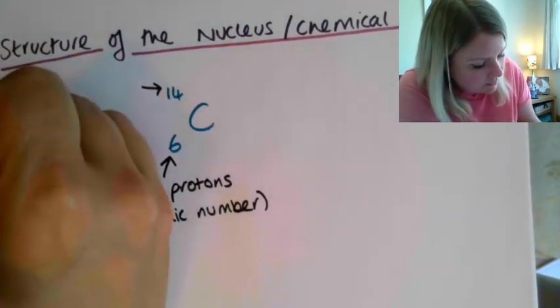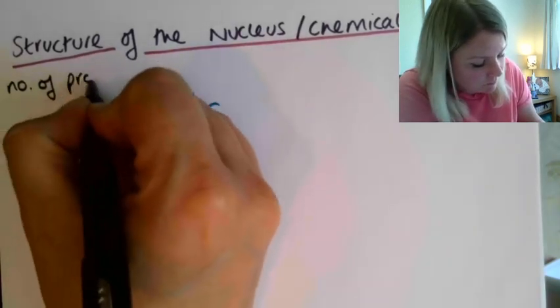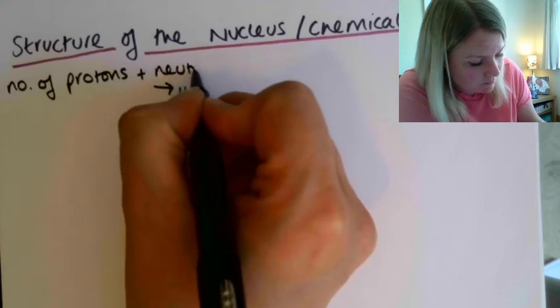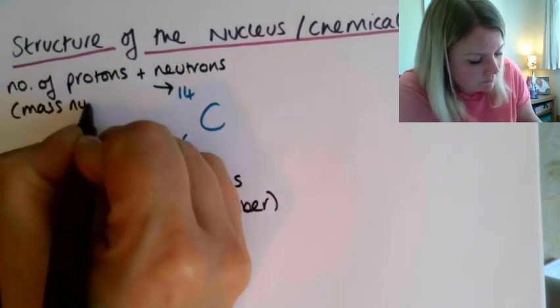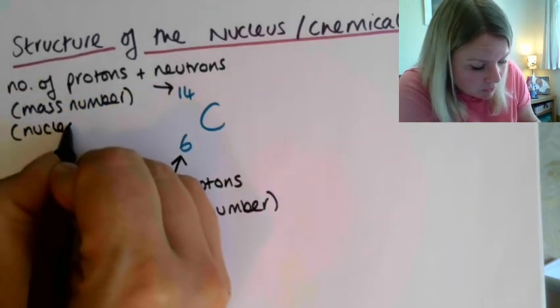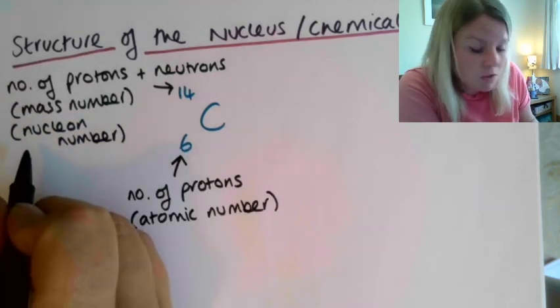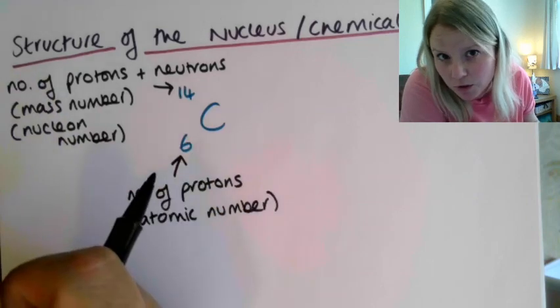So it is the number of protons plus neutrons. It can be called the mass number, or it can be called the nucleon number. Now, nucleon just refers to things that are in the nucleus, so the protons and the neutrons, they're the only things in there.